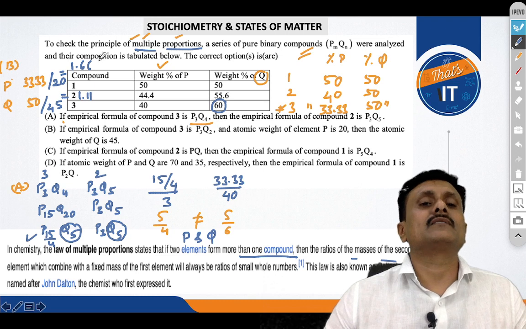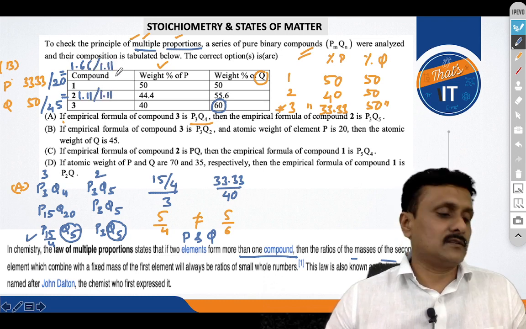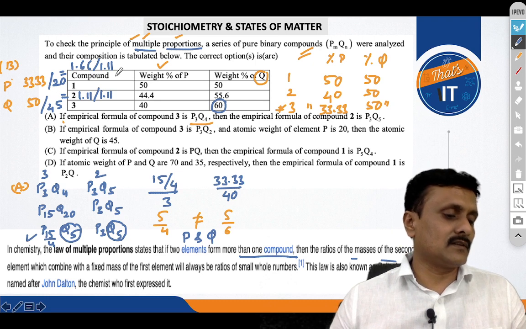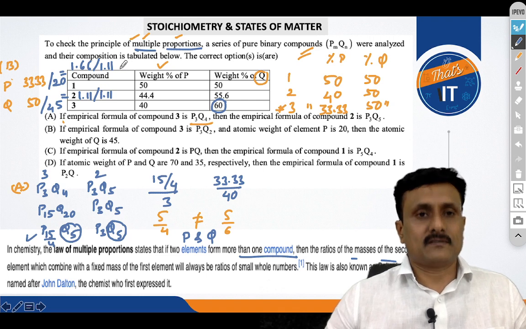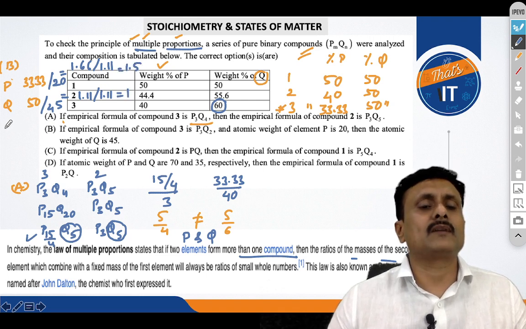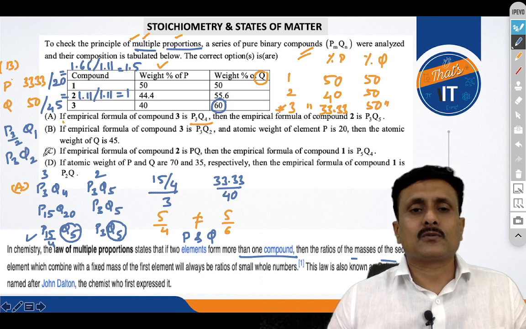Now we have to divide by the smallest value, 1.11. So 1.66 divided by 1.11 turns out to be 1.5. This is 1.5, and this is 1. Therefore, the empirical formula is P3 by 2, that is 1.5, and Q1. So this is P3Q2.